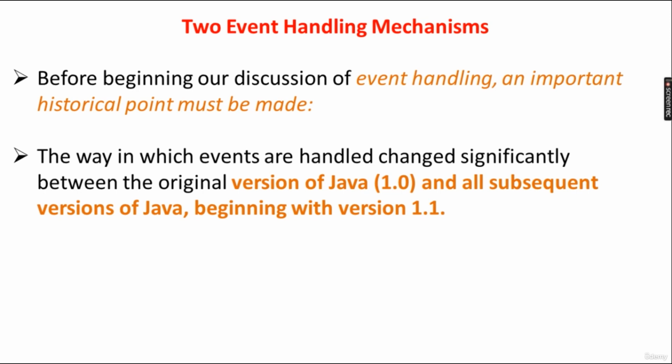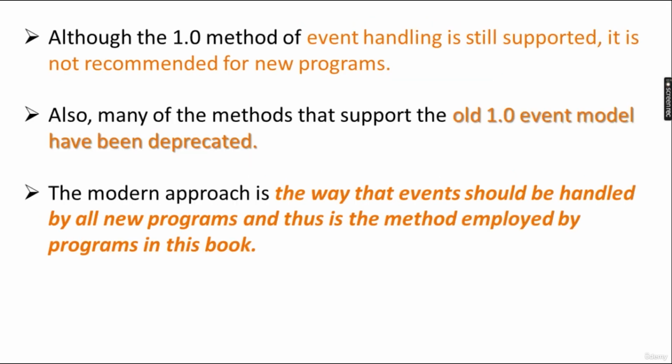The 1.0 method of Java event handling is still there. We can still use it, but it is not recommended, and many of the methods that support the old 1.0 event model have been deprecated.